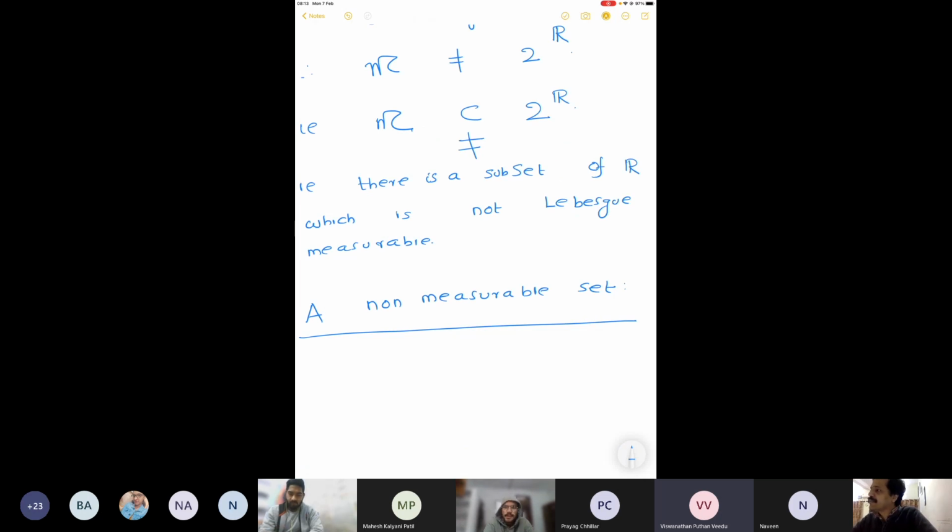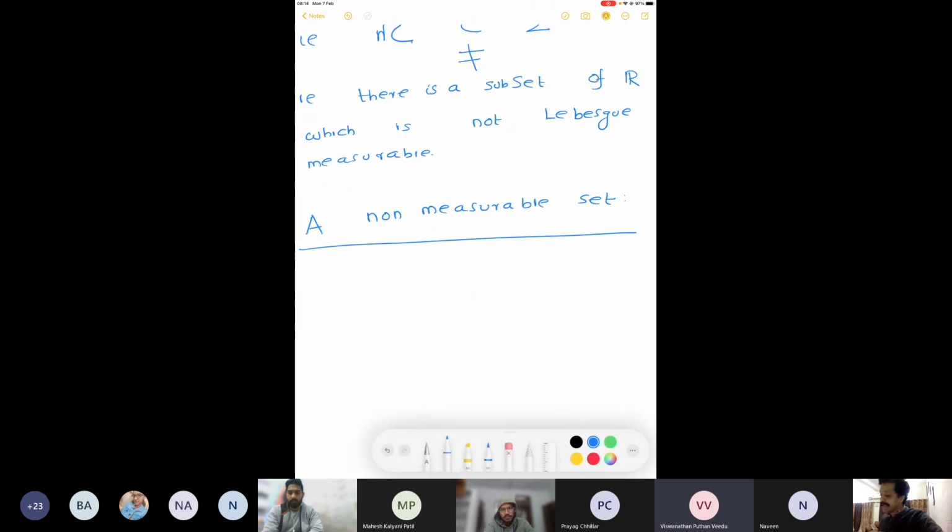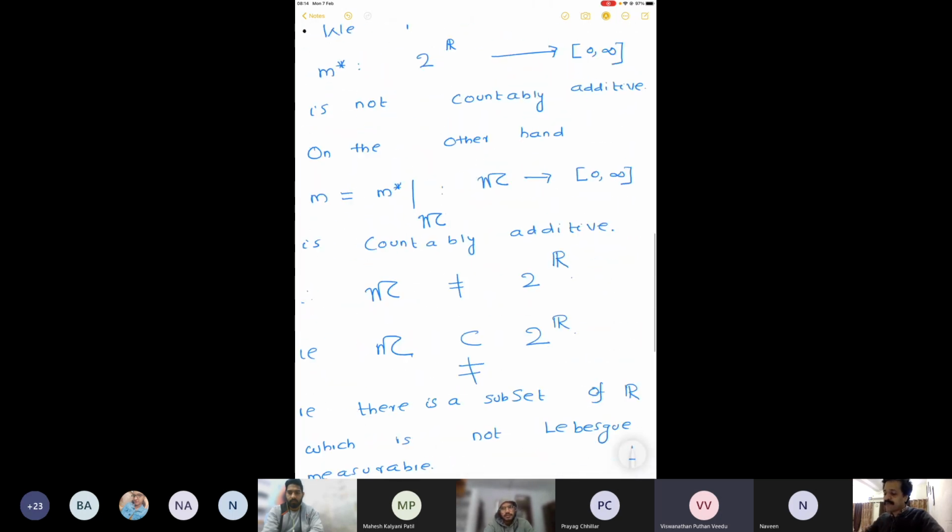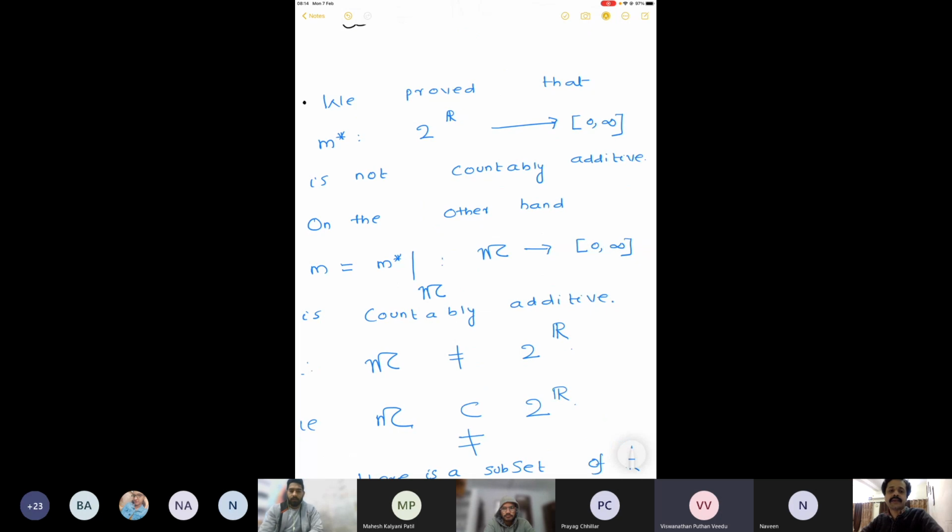But now what we want to do is to see in a more straightforward way an existence of a non-measurable set. But I should say that it's not as straightforward as you think. Okay, we are going to invoke axiom of choice. If you remember, in proving M star is not countably additive also, we invoked axiom of choice.